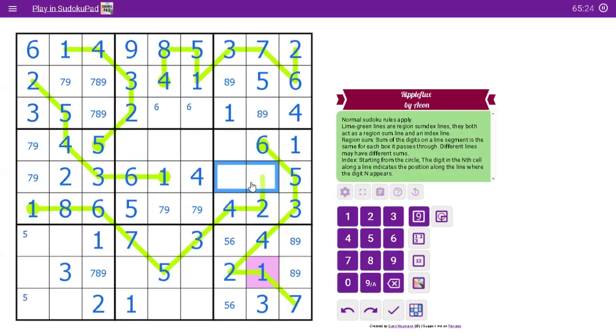So this is 7, 8, and 9. So this is an 8 or a 9. These 3 sum to 15, right? So 6 and 9. Nice. That's an 8. That's a 9. Let's go. This is now a 7. It's a 9. That's an 8.